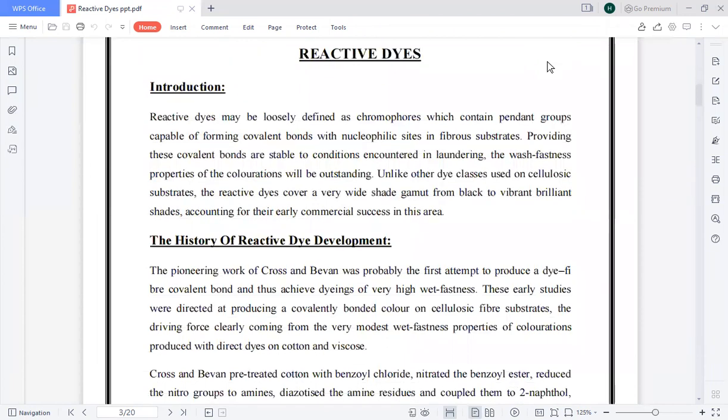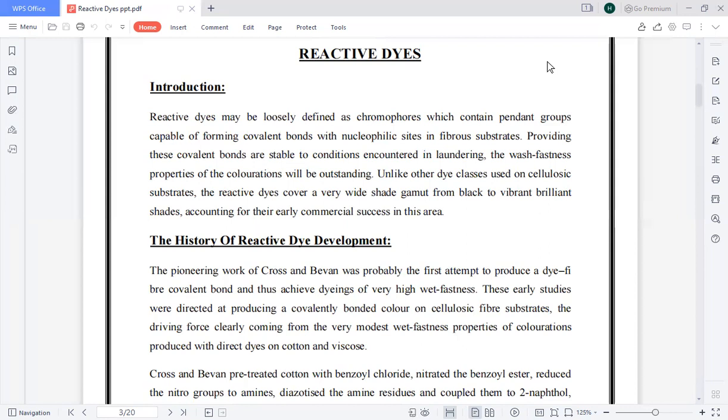So reactive dyes may be defined as chromophores which contain pendant groups capable of forming covalent bonds with nucleophilic sites in the fibrous substrate. So reactive dyes contain reactive systems that react with the cellulose or other dyeing material.